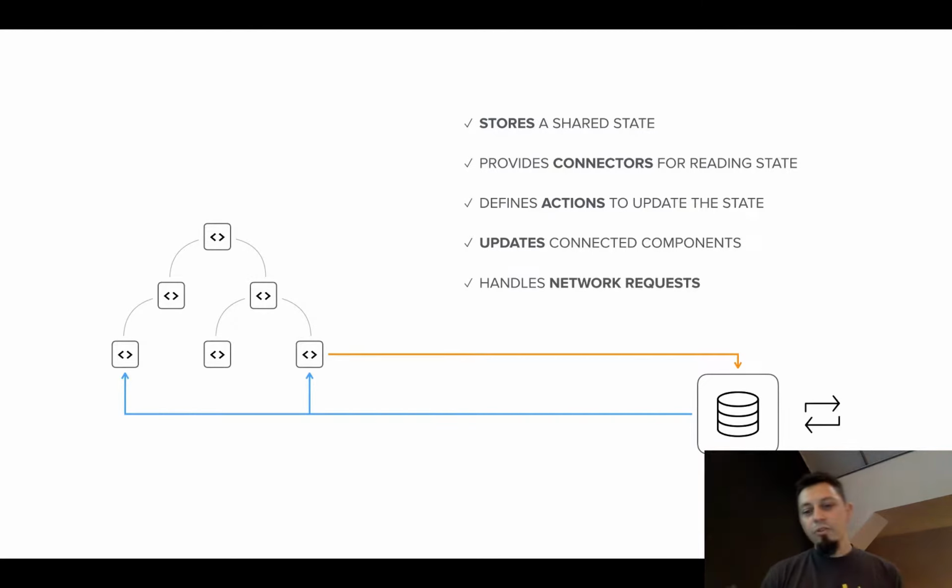It should also handle network requests, because the components shouldn't know where the data is coming from, whether from the store or from the network. So all the logic regarding the fetching of data should be outside the component, somewhere else. Usually the stores handle this kind of stuff.